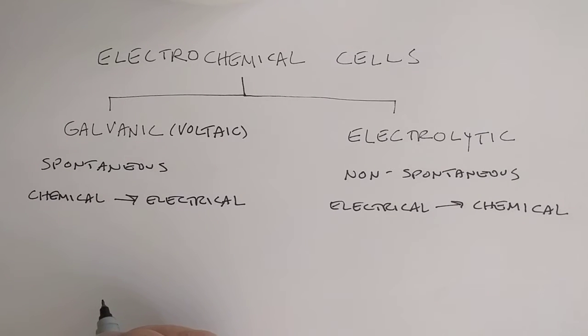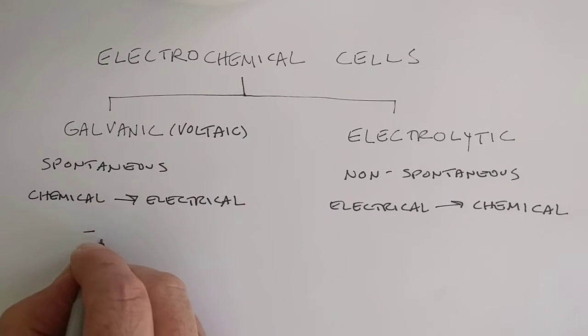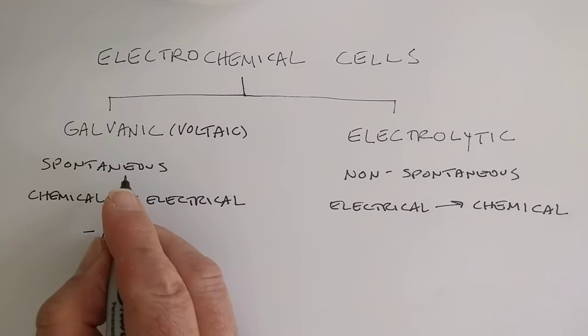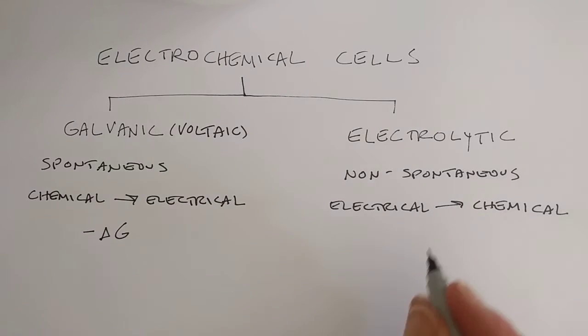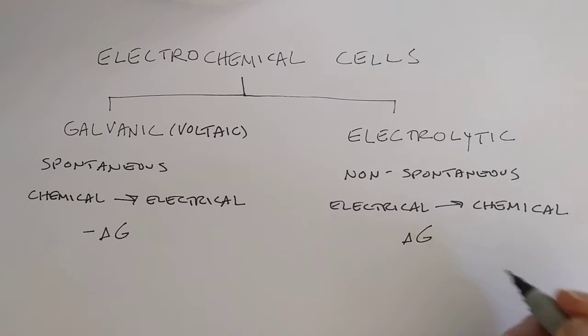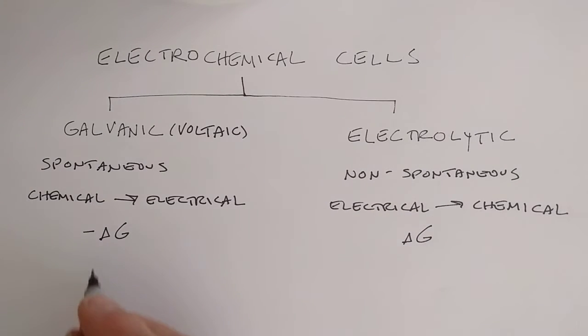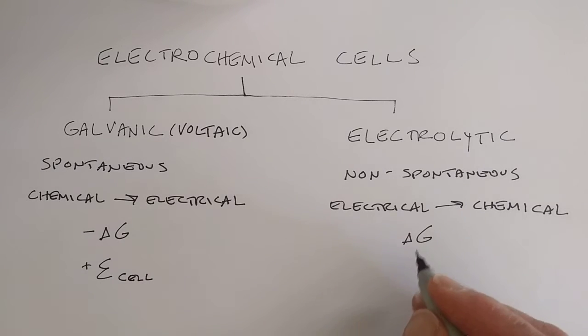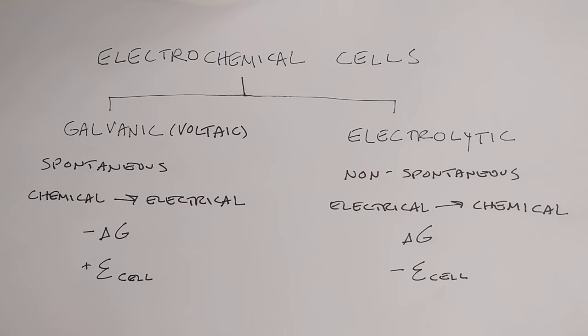In our galvanic cell, we have a negative delta G, because if it's spontaneous, the delta G has to be negative. In the electrolytic cell, we're going to have a positive delta G. For our galvanic cell, we have a positive E of our cell, and for the electrolytic, we will have a negative E for the cell.